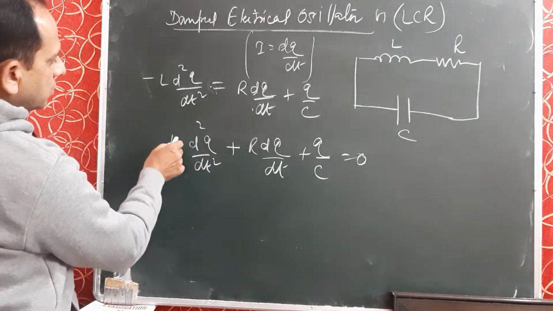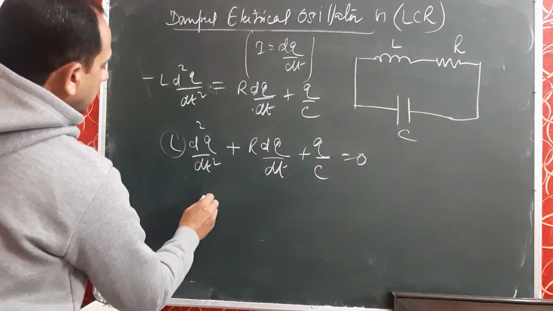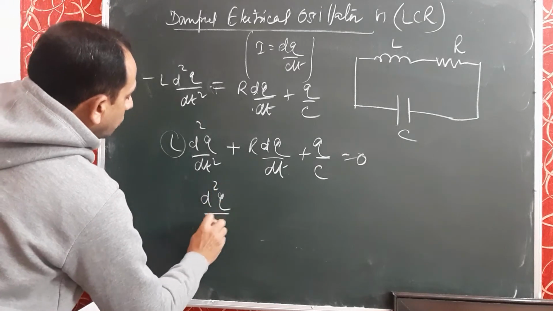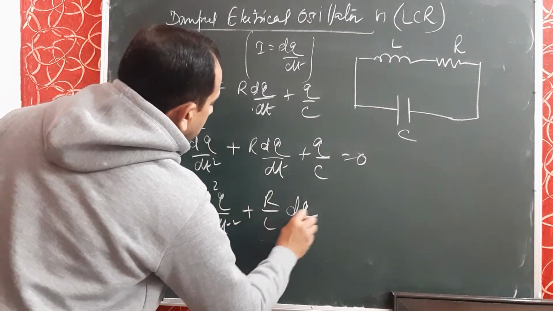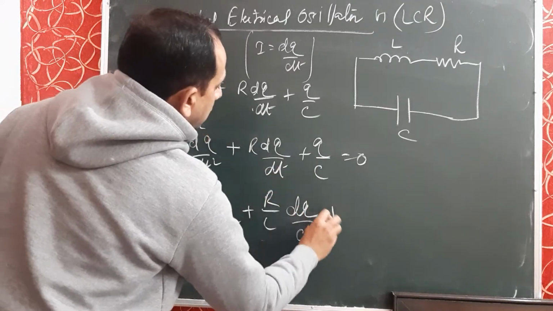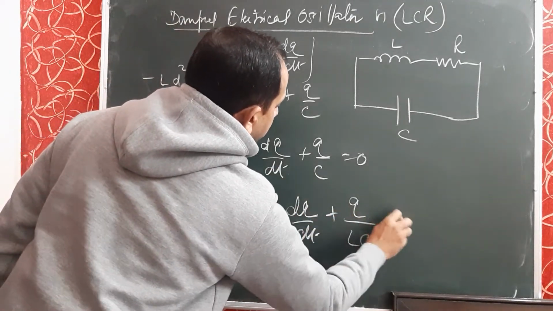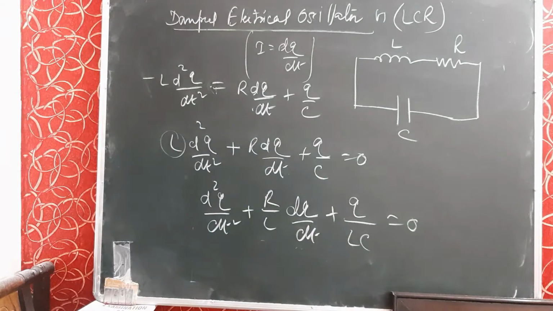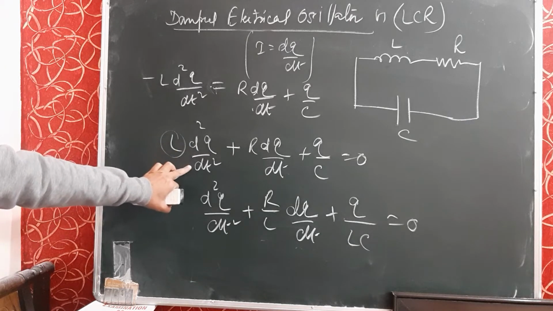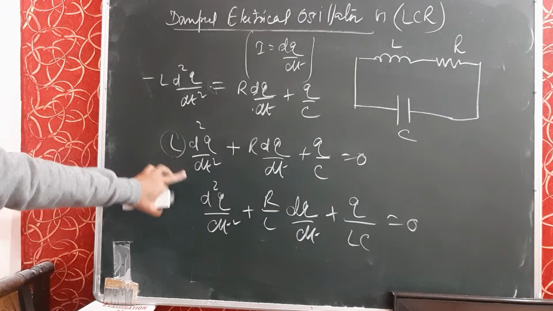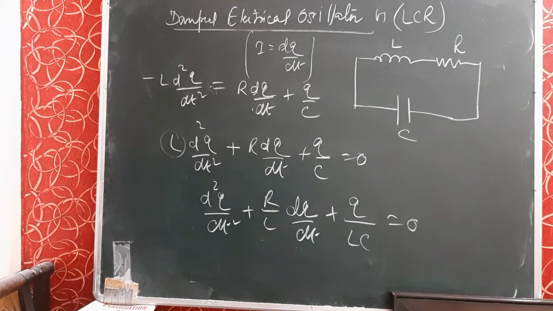Dividing both sides by L, we get d square q upon dt square plus R by L dq by dt plus q by LC is 0. To make the coefficient of the second order term 1, I have divided both sides by L.